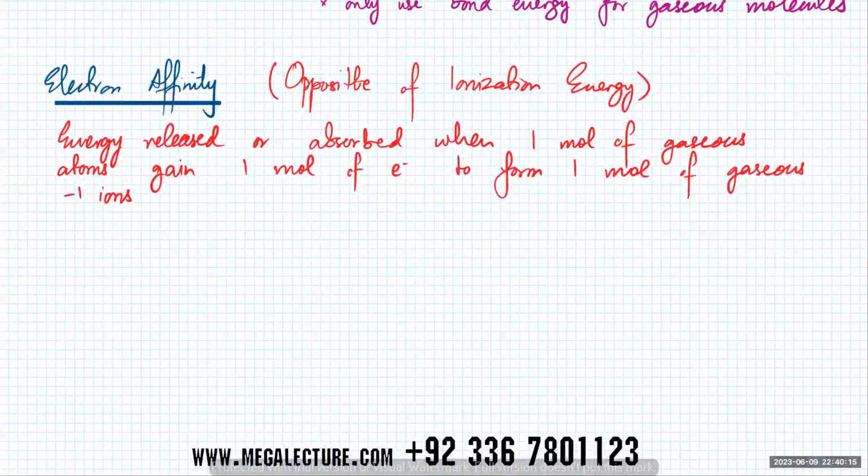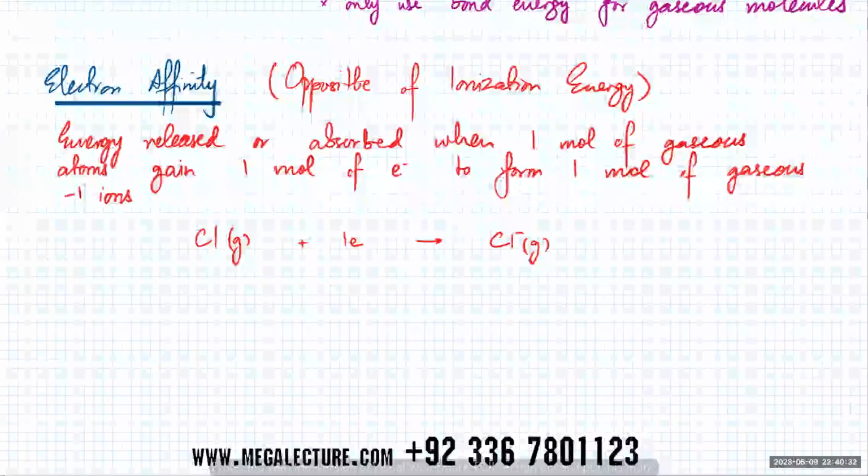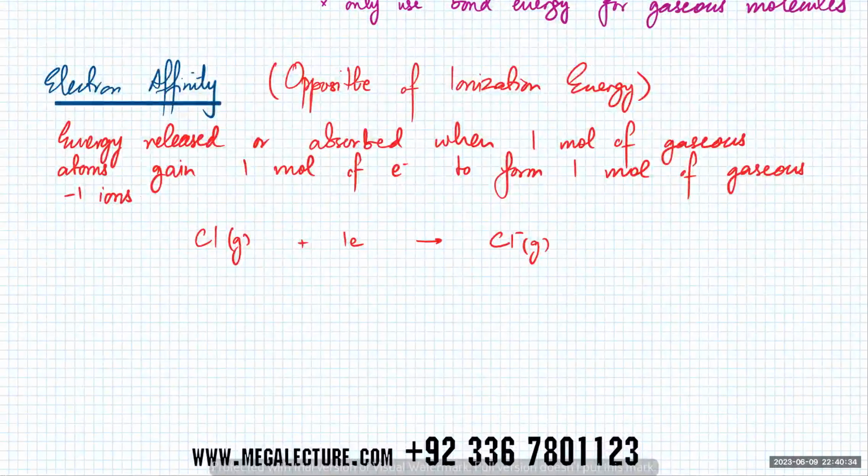So if I have a Cl atom, that Cl atom is going to gain 1 electron. It's going to become Cl -1 gaseous. Is this clear? Yep. And in ionization energies, you would actually talk about all the ionization energies, right?